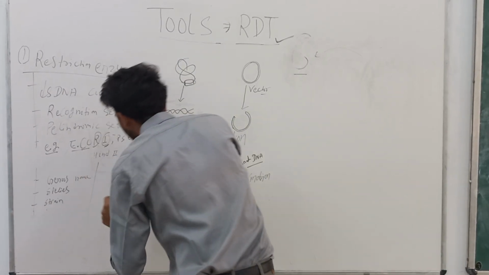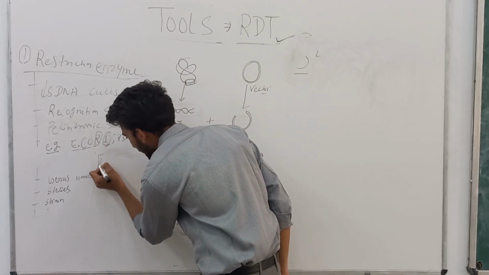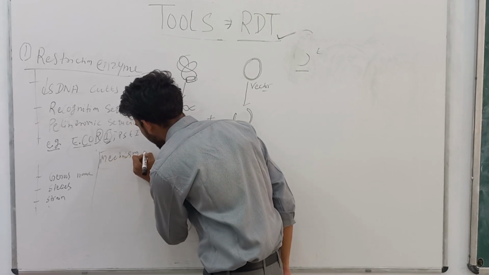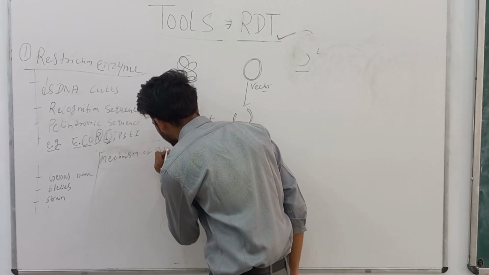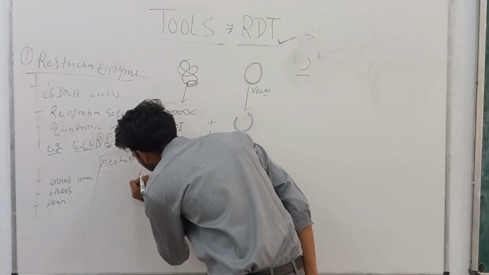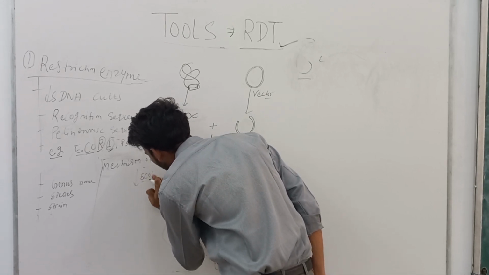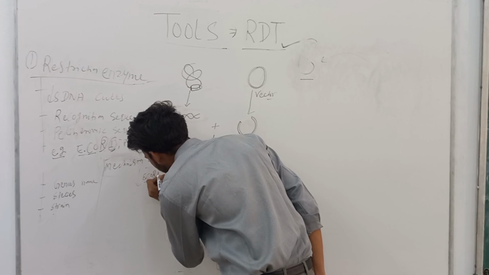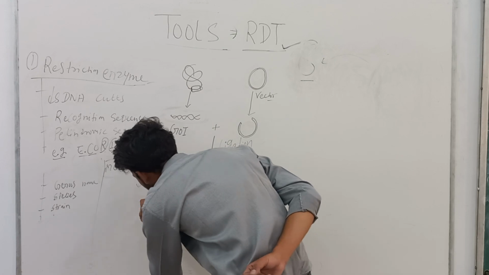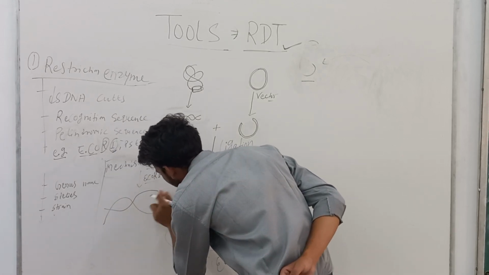Now we will discuss the mechanism of action of these enzymes. Suppose we have the E. coli restriction enzyme EcoRI, and it will recognize its recognition sequence.